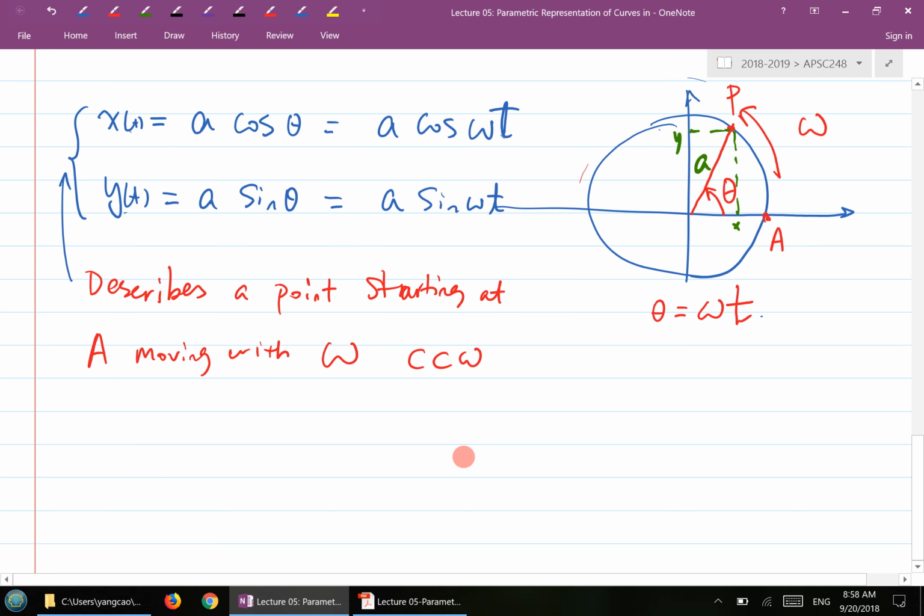So the next case I wanted to make different is, how about, instead of starting at the A location, I start at the B location?